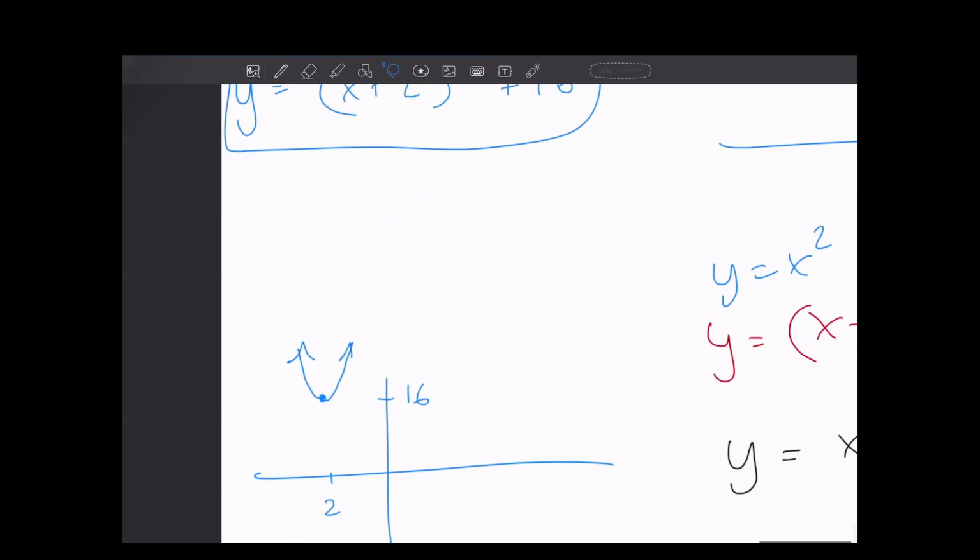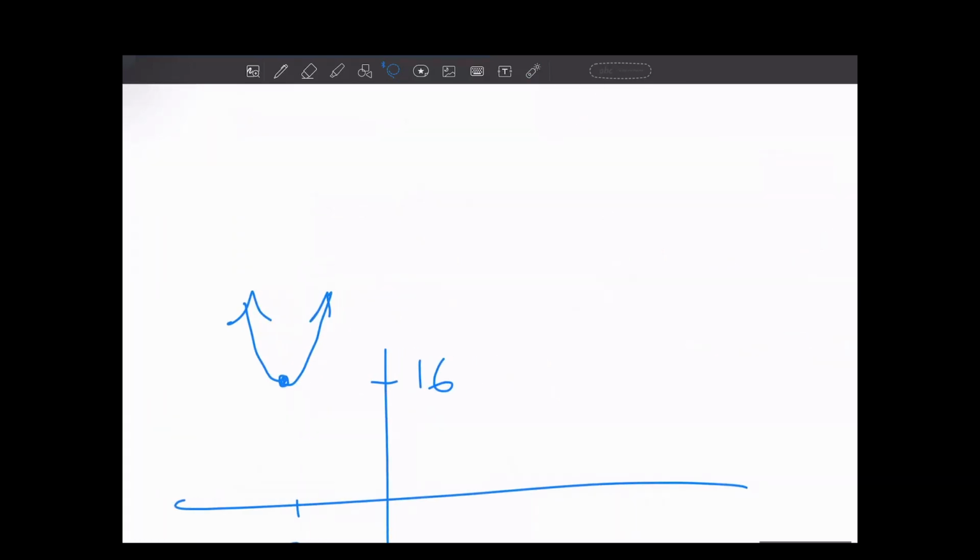If I wanted to do a perfect graph, I would need more points. Is that what you're saying? Yeah. How many points would you need? I think like 8.